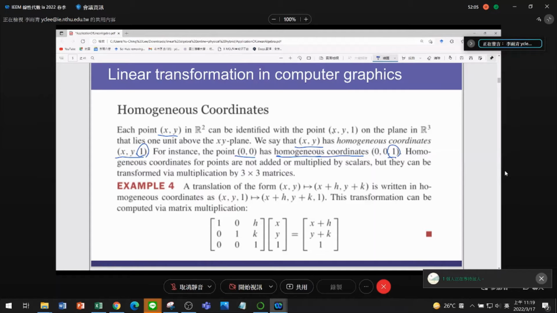Okay, so we can see the example. Suppose we consider a translation. Translation is something we defined last time on Tuesday. Translation is parallel shifting. We're shifting, parallel shifting.